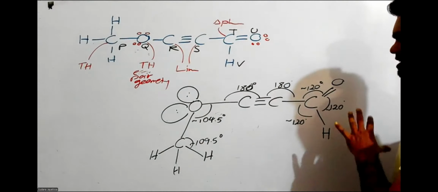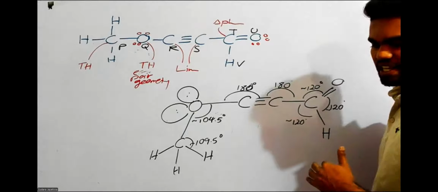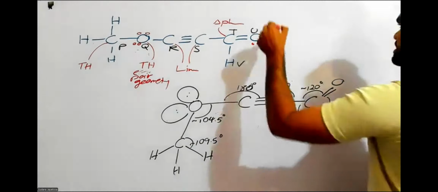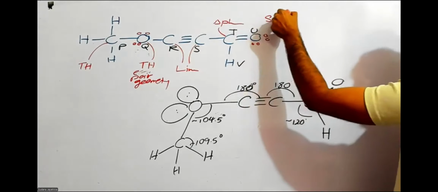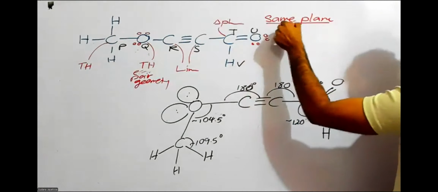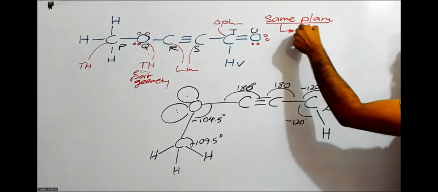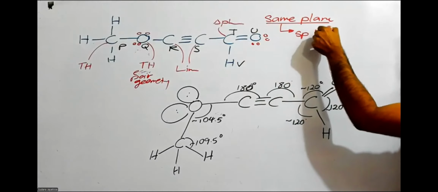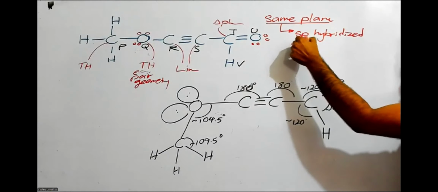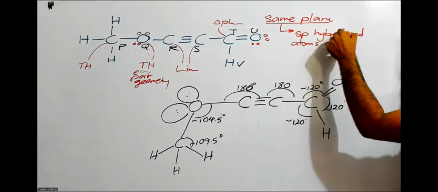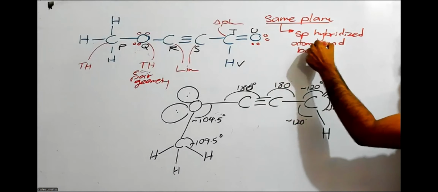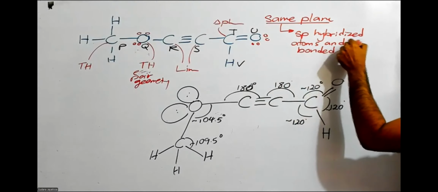Now depending on this structure, decide whether they are in the same line or same plane. So the theory is this: for the same line, you must check sp hybridized atoms and their bonded atoms.